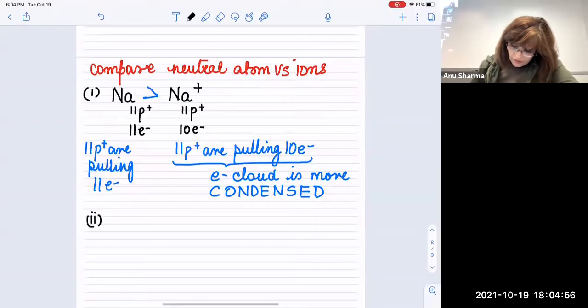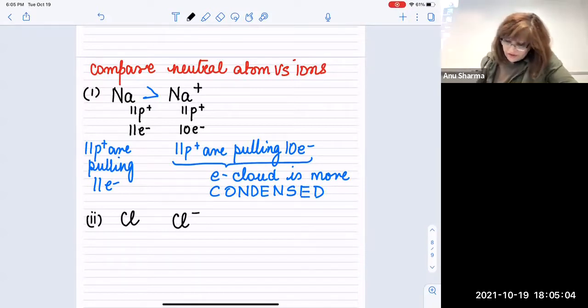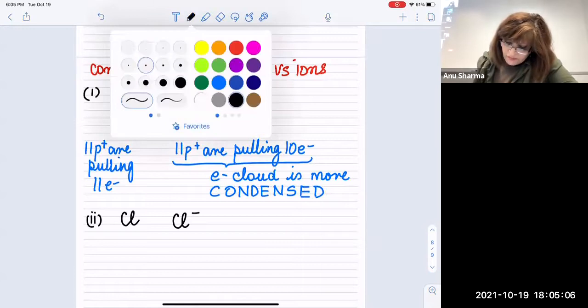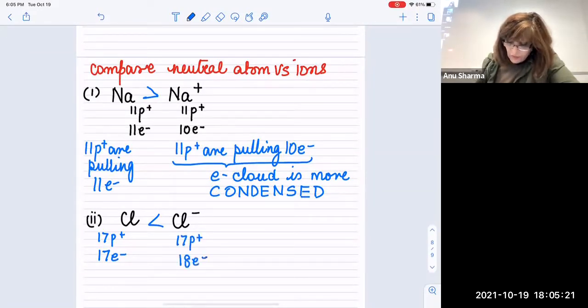Okay, let's look at another one. You have chlorine and you have chloride. Which one is bigger? The ion is going to be bigger. Why? Because here you have 17 protons pulling 17 electrons, but here you have 17 protons and 18 electrons, one more.